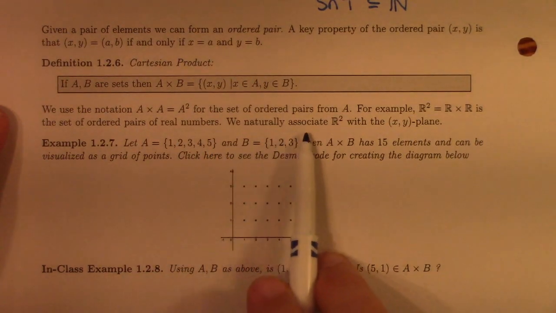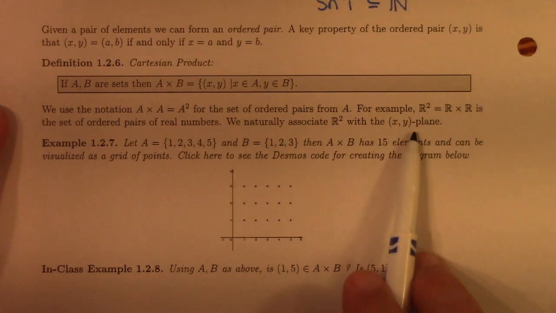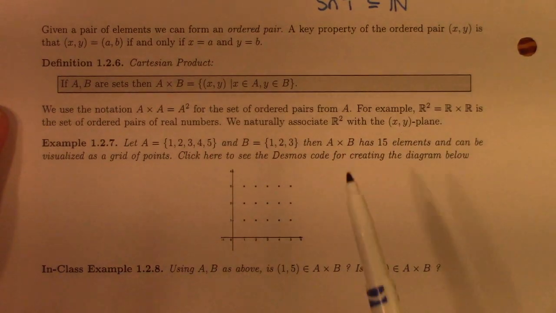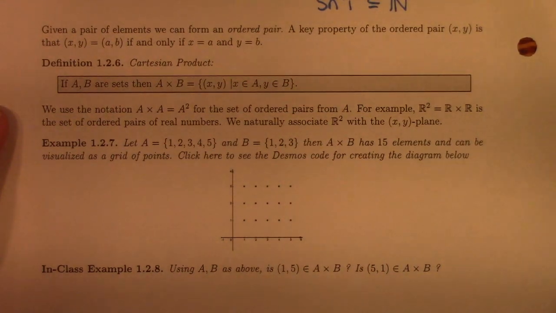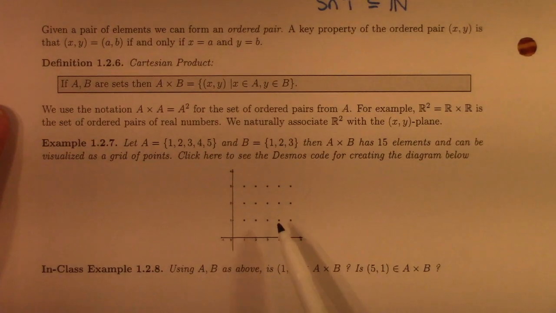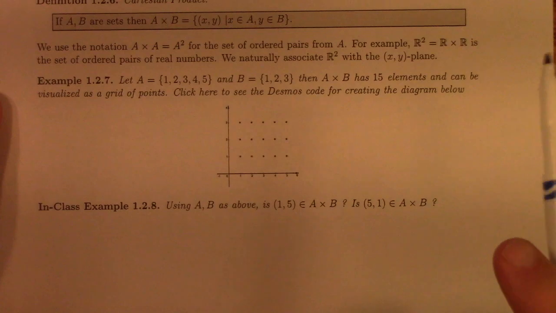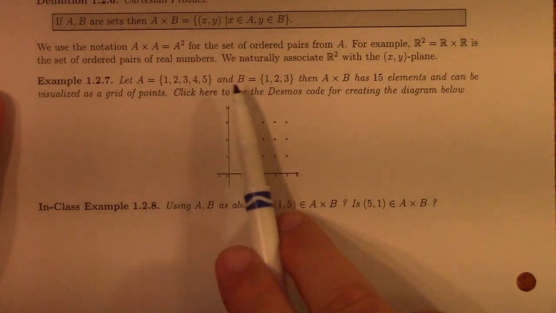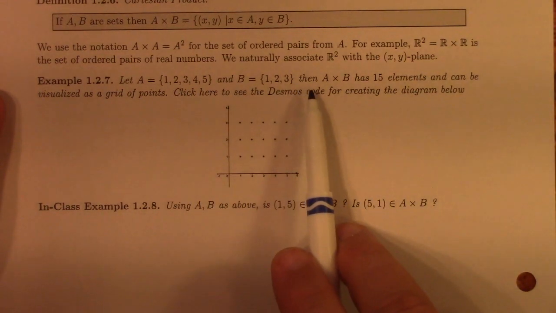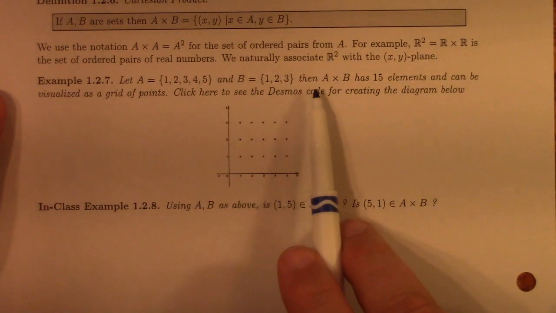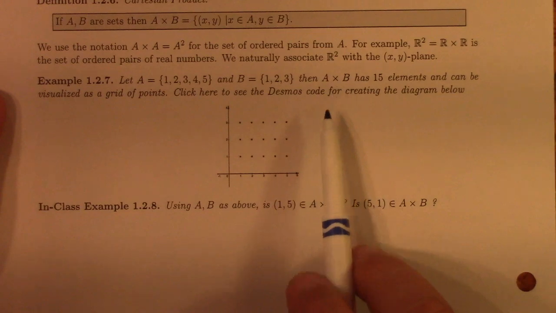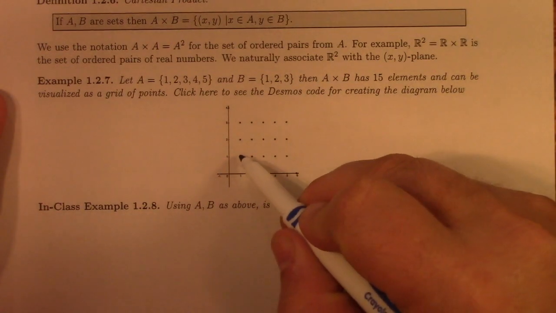So we naturally associate R2 with the xy plane, all right? And I usually just refer to it as R2. R2 is R cross R, all right? Now, I made this bunch of dots here to illustrate the Cartesian product of A and B. So A has got numbers 1, 2, 3, 4, 5, and B's got 1, 2, 3. So A cross B has these dots right here.